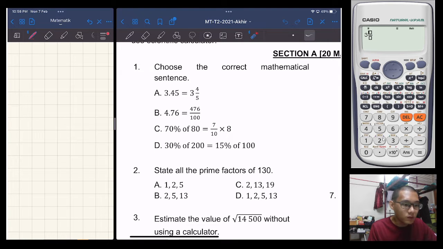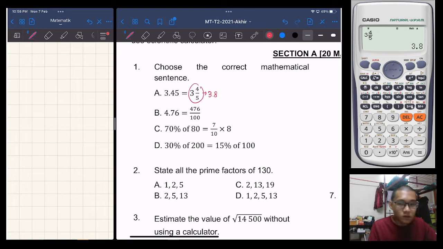So we have 4 over 5, and we will receive 3.8. That means this statement is wrong, because it's 3.8 for this one. So wrong.